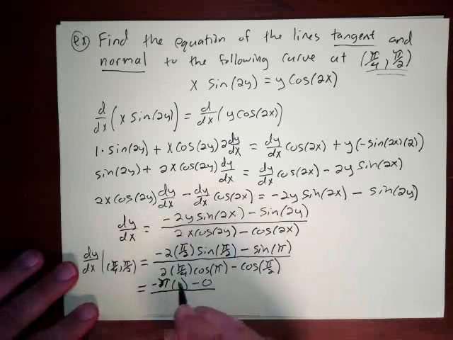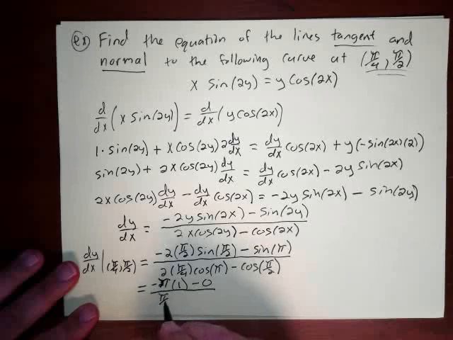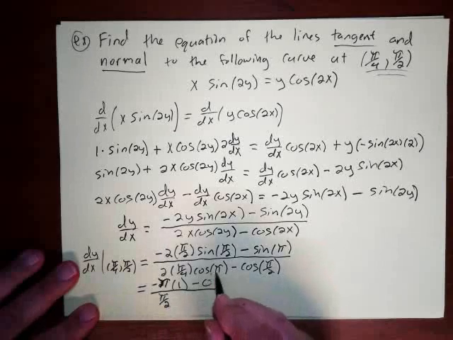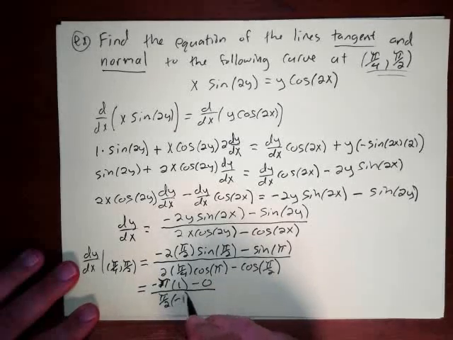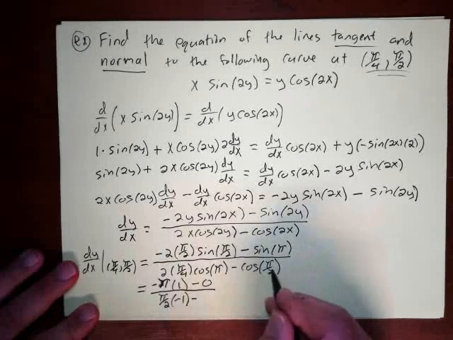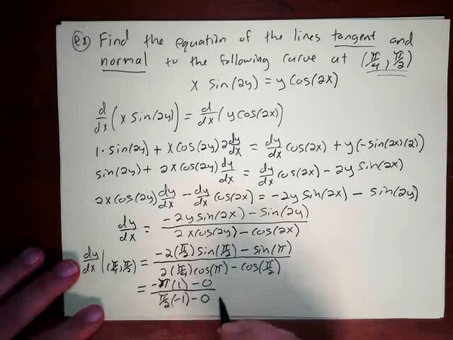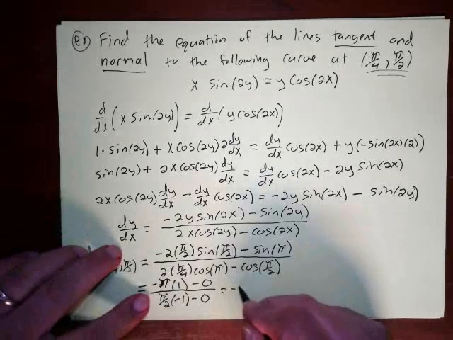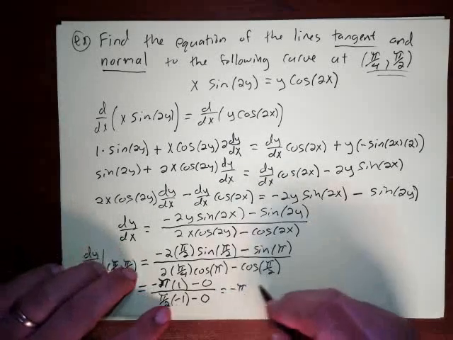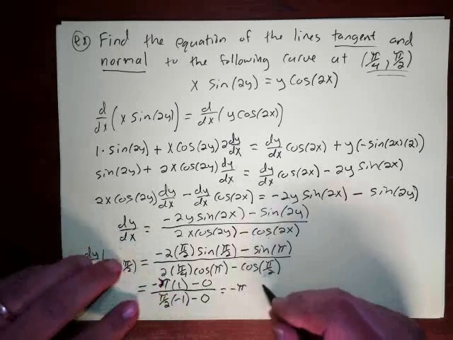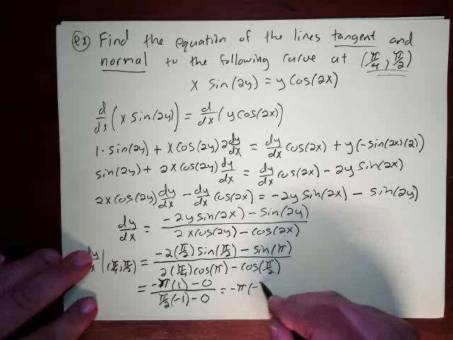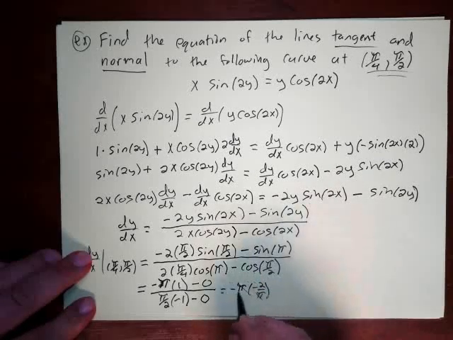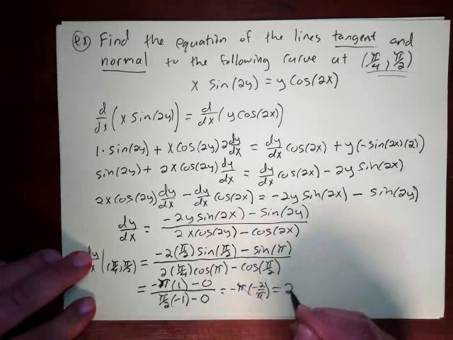And now this will be pi over 2, right? And then cosine of pi, that's a negative 1, minus cosine of pi over 2, which is 0, right? So here I get negative pi, and then this will be a negative pi over 2, and I invert and multiply that. The pi's cancel out, the negatives cancel out, and I get just a slope of 2.